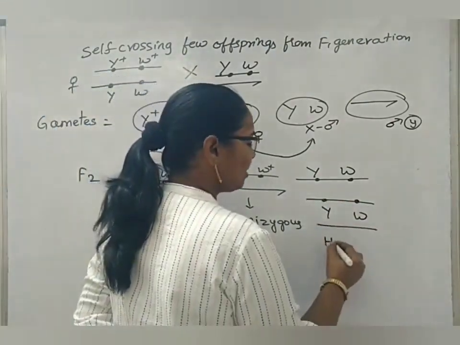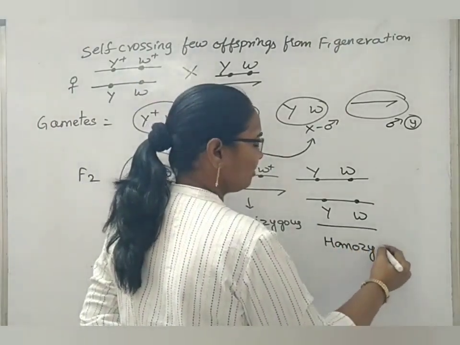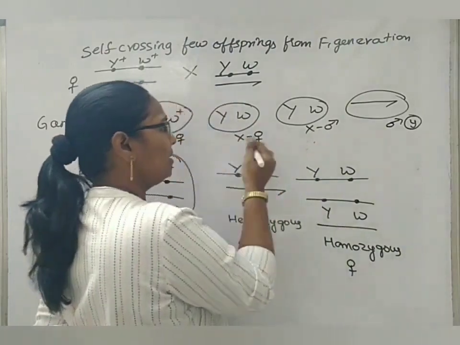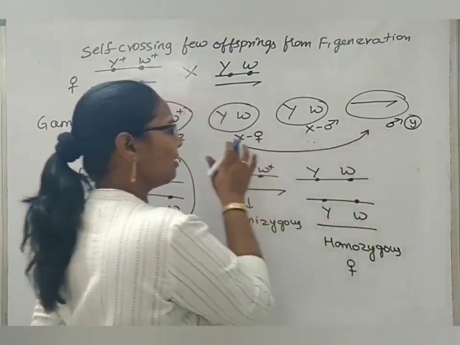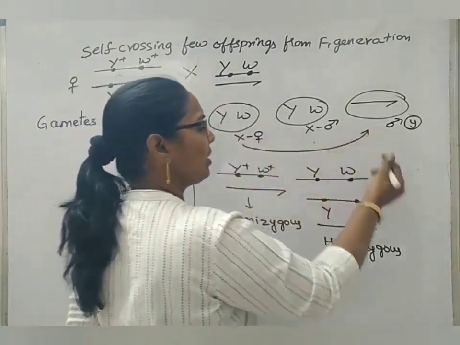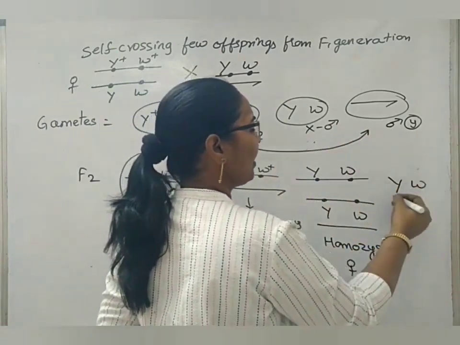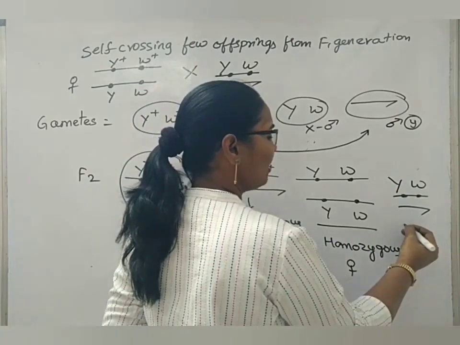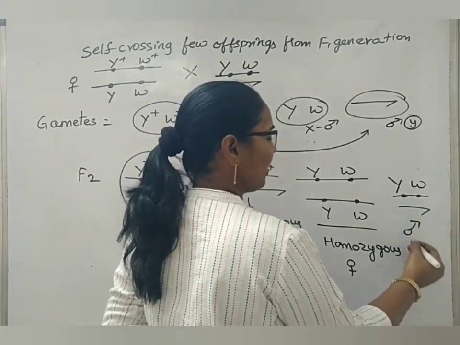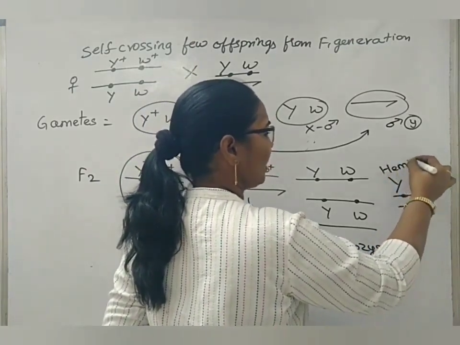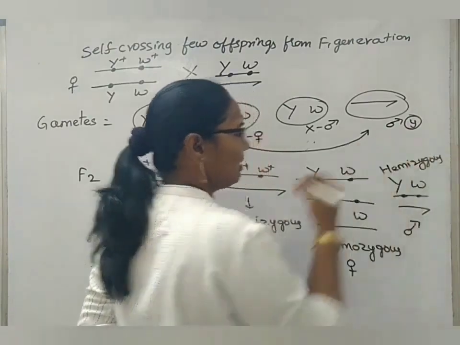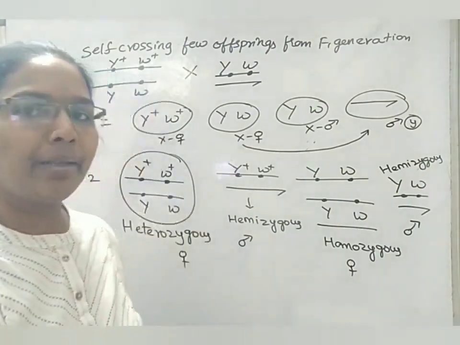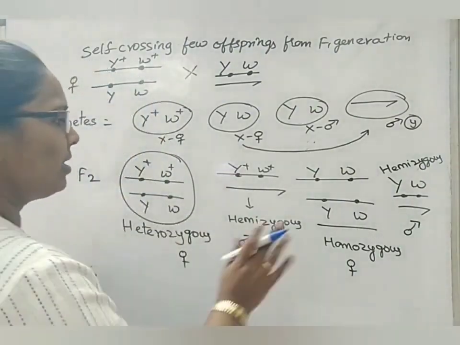It is considered a homozygous female. Now, when this same recessive-allele X chromosome is crossed with the Y chromosome, we get a white-eyed male because there is a Y chromosome. Again, this is hemizygous, but male. Hemizygous is the condition in which there is only one X chromosome of the XX pair. So this is the combination.